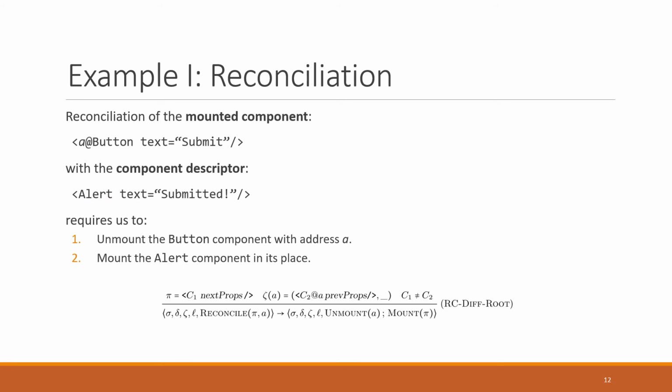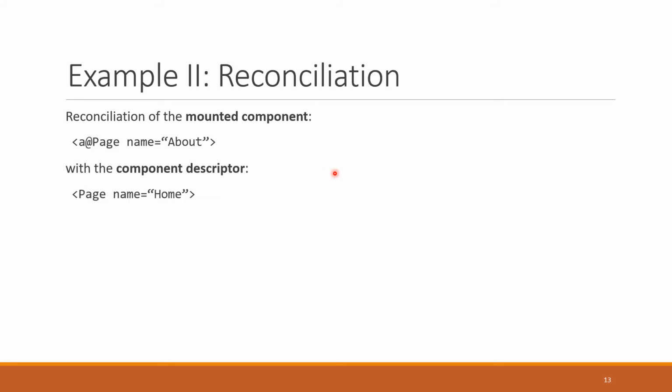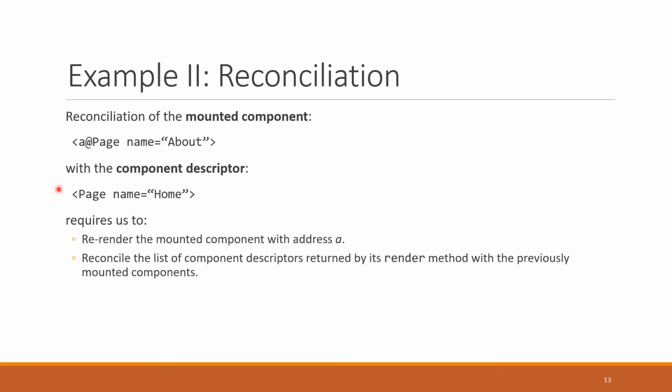On the other hand, it could also be the case that we have a mounted component, some page with some name about, and then now we want to reconcile it with this component descriptor, which is the same. So in that case, we are not going to unmount the component and remount something else in its place.